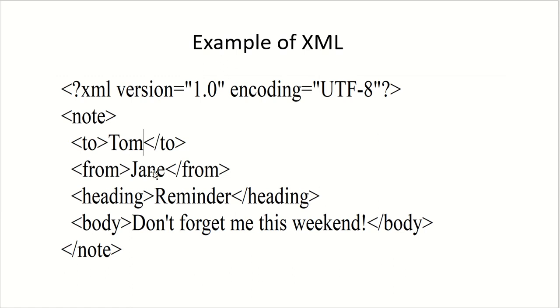Are you getting my point? So if we have to read this message, we will read it like Jane is telling Tom, it is a reminder for Tom from Jane that he should not forget him this weekend. So this will be read like this.